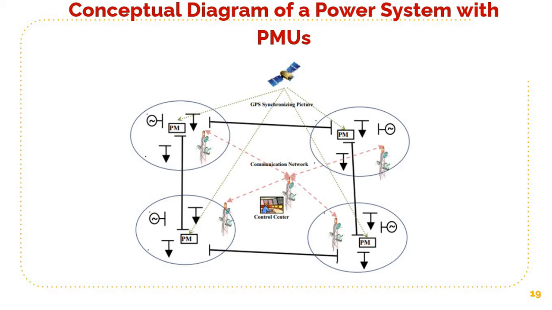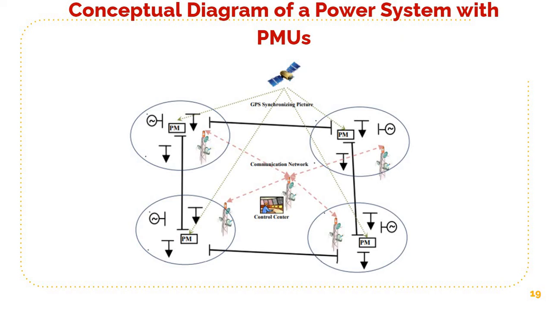You can see PMUs connected at 4 different locations, which provide phase information of voltages and currents at these 4 locations, and which are location and time stamped using GPS, and this information can be used for further processing, analyzing, etc.